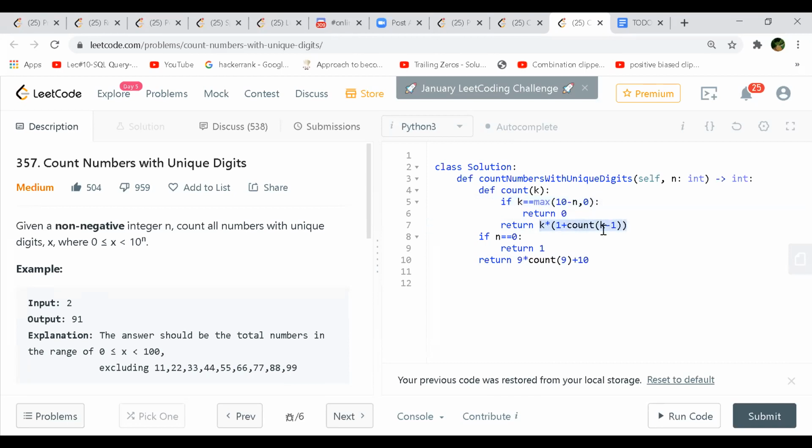Your line number 10 says 9 into count of 9 plus 10. But where does n come in, because if n is 2, how do you do that?